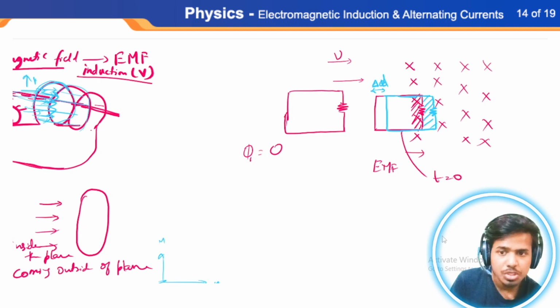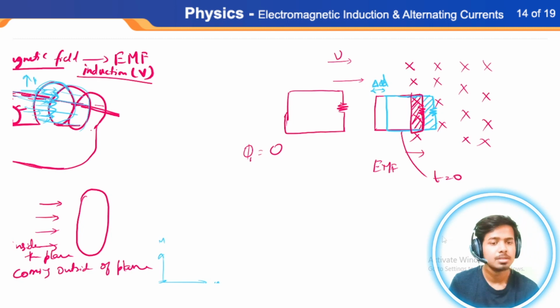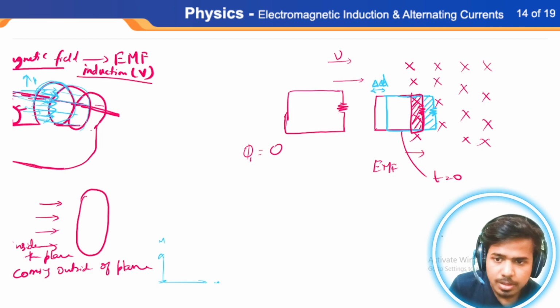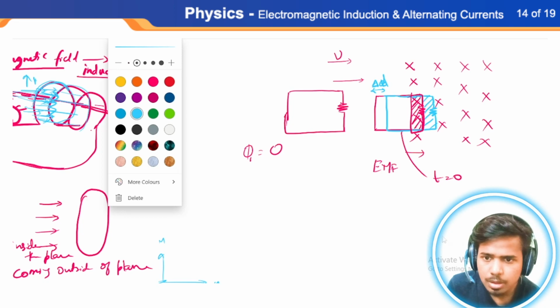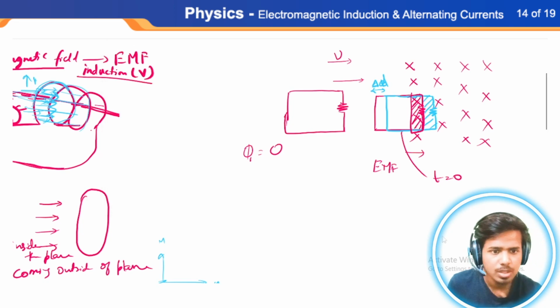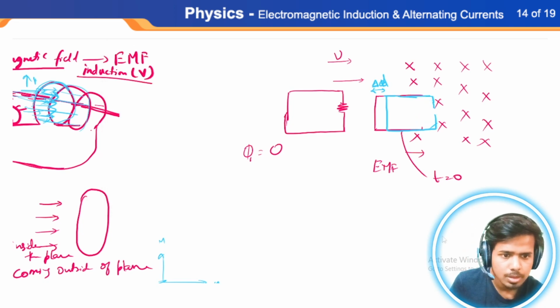Because this portion was already there and still is, which is inside the field, the part of the coil inside the field. This blue portion is the one that has been added up, right? Wait, I think I should erase this one.